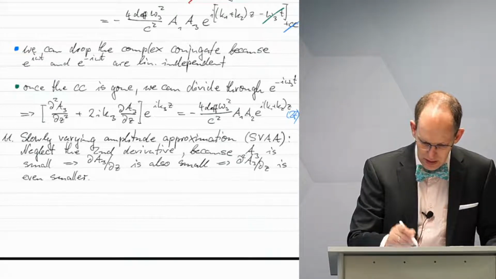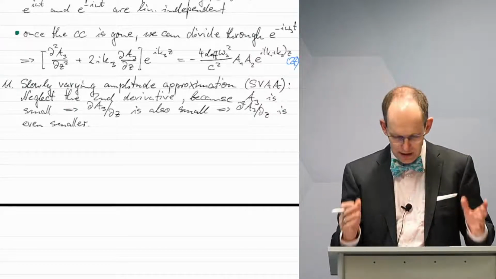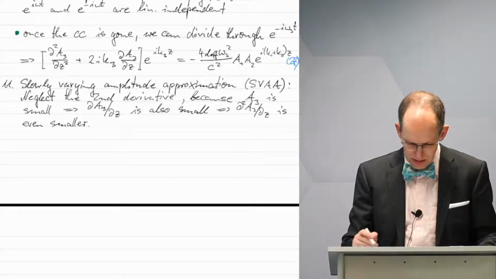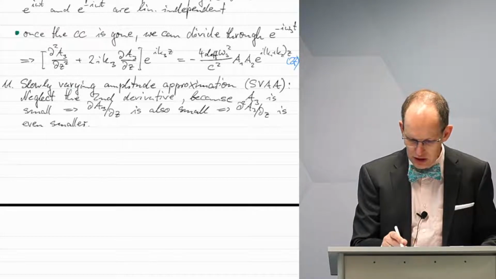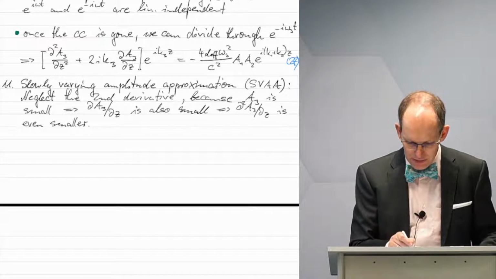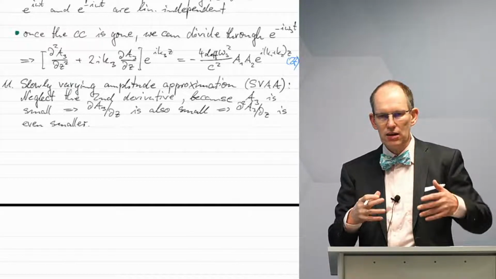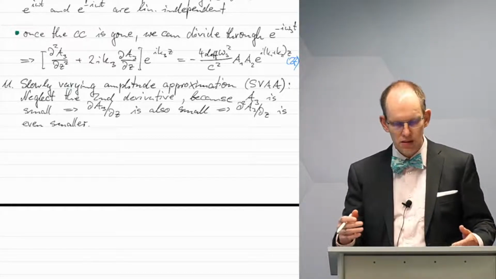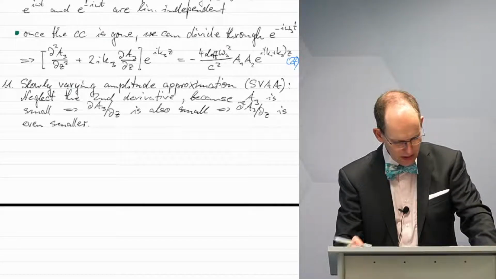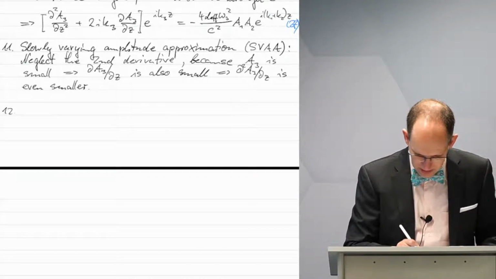Of course, you can also be a little bit more serious than I am, and really quantify when this holds. This is actually quite easy. You just need to look at these two terms and compare them. If this is much smaller than this here, it basically means that over a wavelength or so, the change in amplitude is not very pronounced.